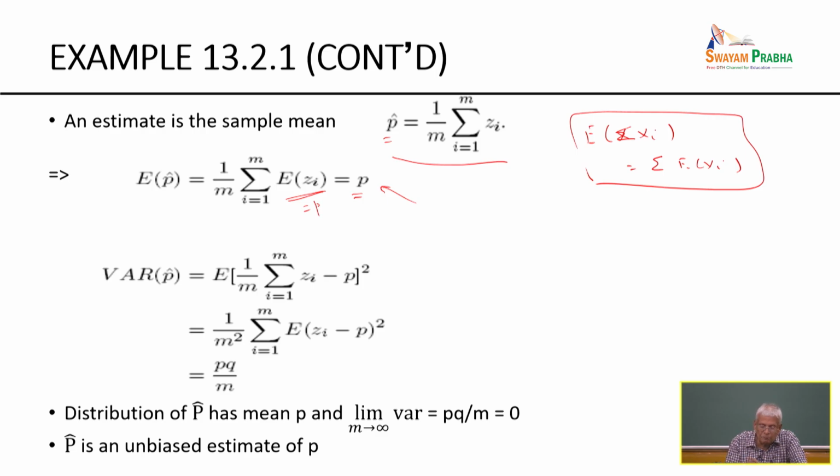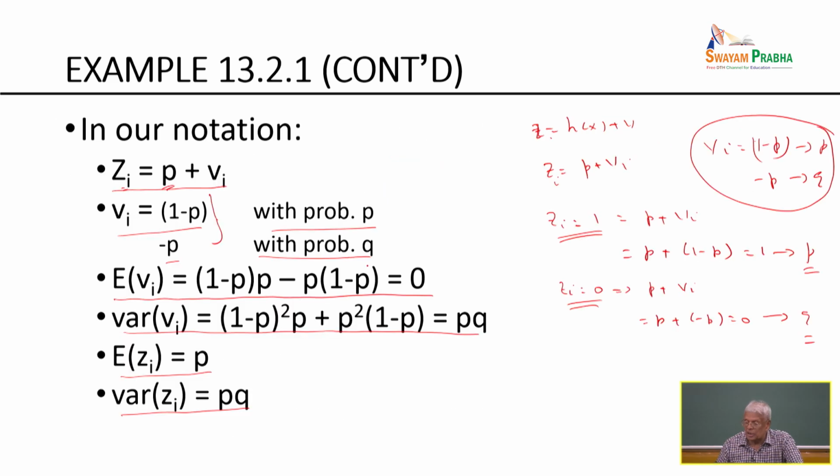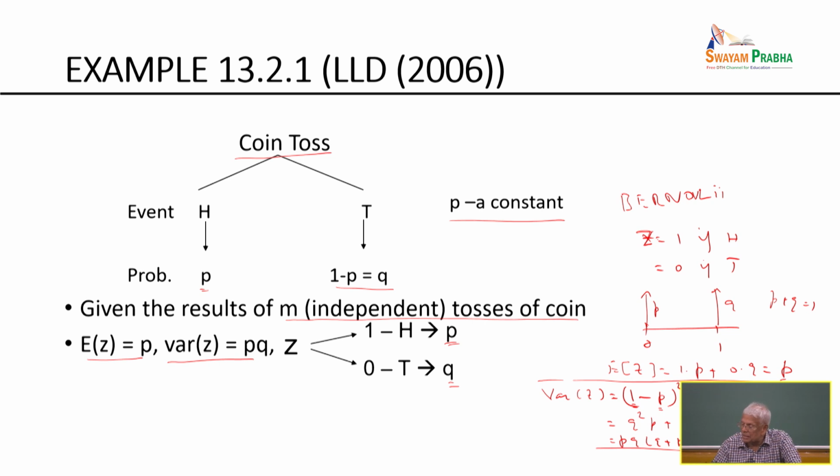Now I am going to compute the variance of P hat. The variance of P hat is the expected value of 1 over m times the sum over i equal to 1 to m of Zi minus P, whole square, because that is the definition of the variance. I have already explained this in computing the variance at the bottom of slide 8.